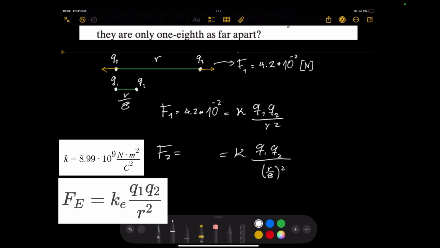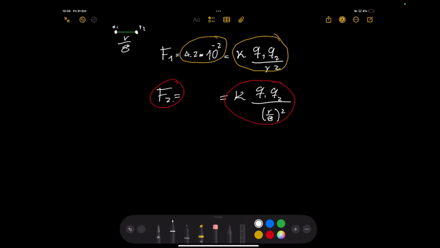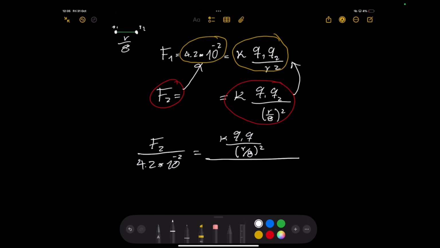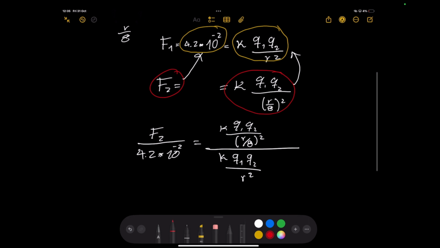Okay, so think about this. This number is equal to this, and this force will be equal to this factor. We're going to say that F over this is going to be just the same as this factor over this factor. And now we see a bunch of things canceling out.